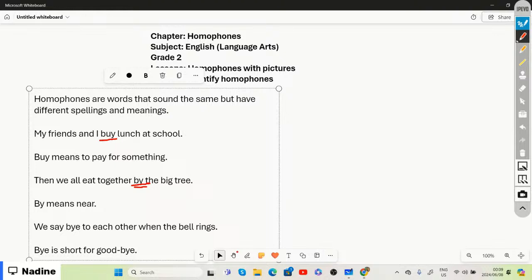So this one means we are by the tree. By means near, right? It basically just shows that we are near, we are not too far. And then we say bye to each other when the bell rings. This word bye, B-Y-E, is a word that is short for goodbye.